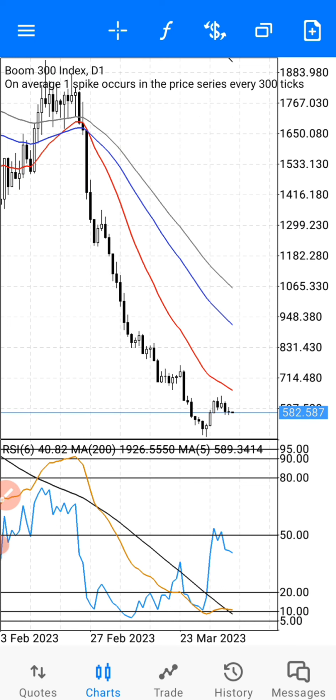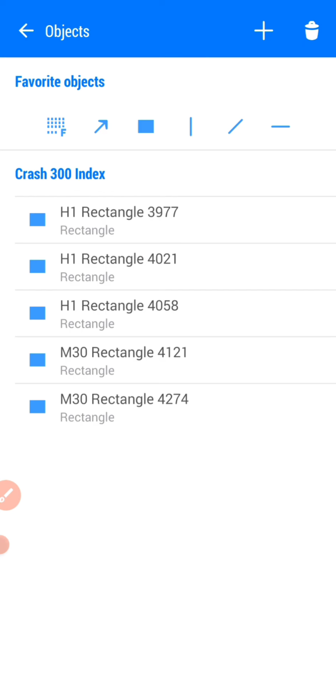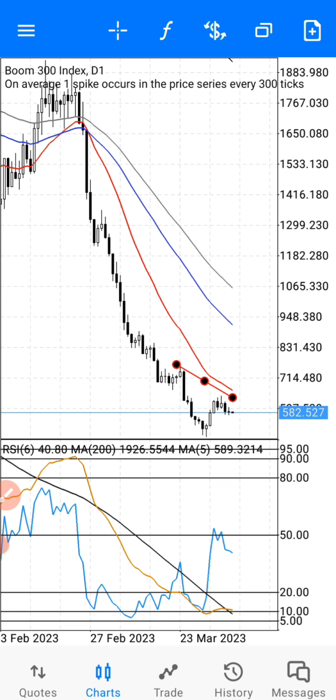Okay, and I can quickly show you something because I understand other patterns. I've already found a hidden bearish divergence here.